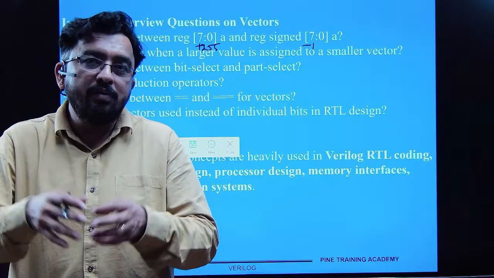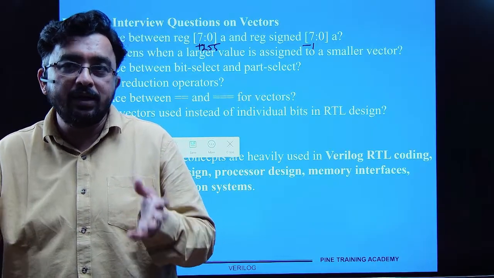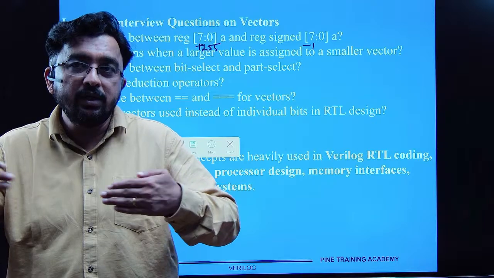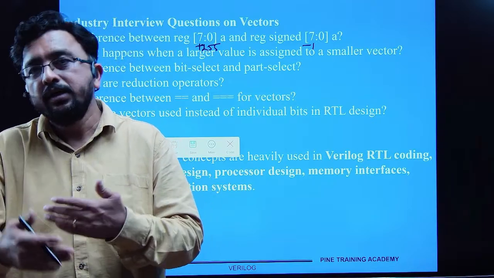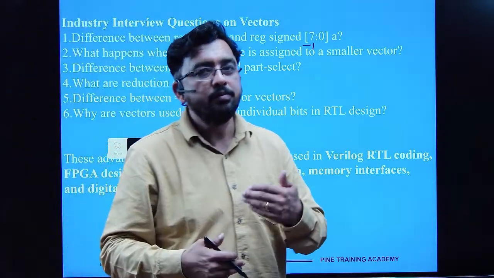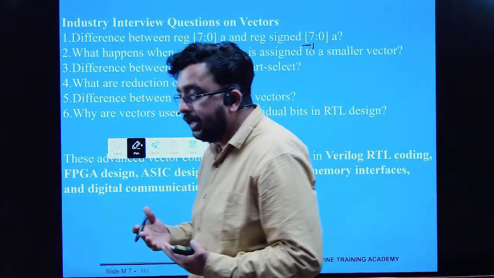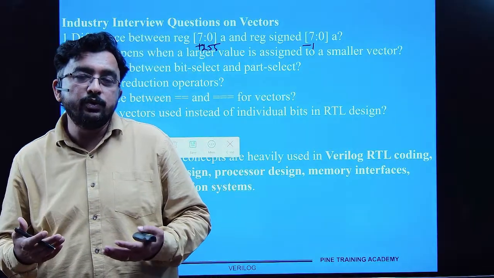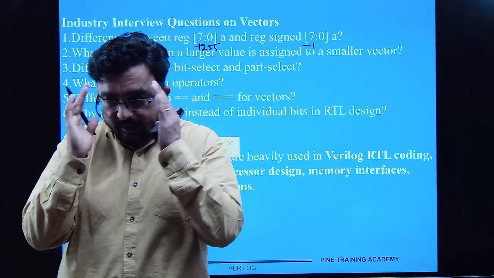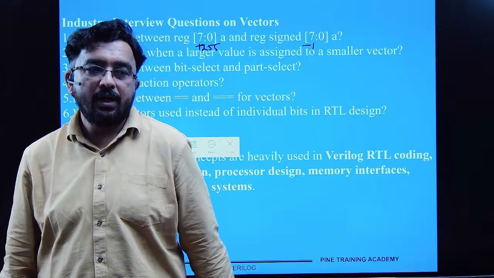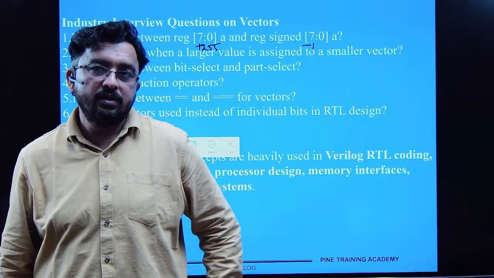If you have thousands of wires or hundreds of signals, you can connect them in the form of a vector and use them as a bit select or a part select. So when you read theory, read the book, read the questions and solve them, only then will you be able to stand firm, otherwise you won't.